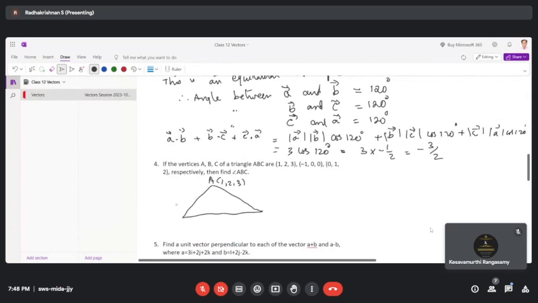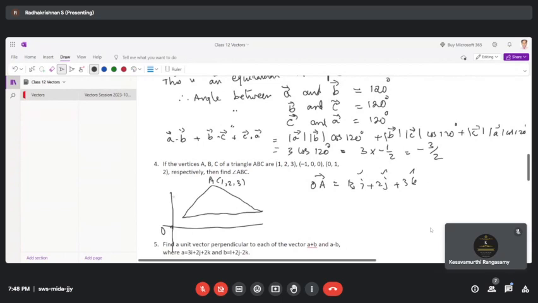Suppose there is some origin somewhere here. Vector OA is equal to 1, 2, 3, that means i plus 2j plus 3k. Vertex A is equal to 1, 2, 3 means OA is equal to this.